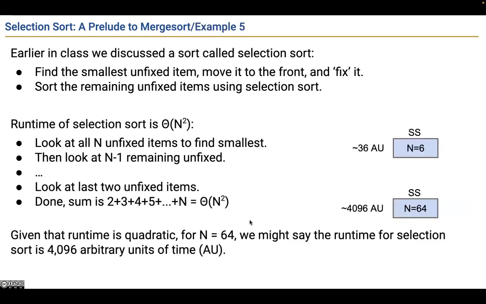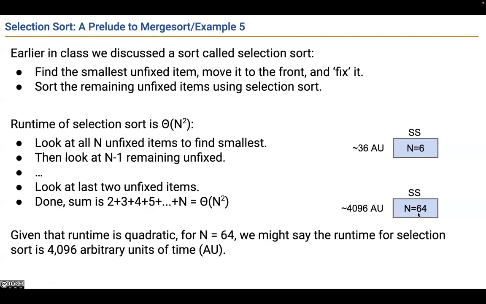Okay, so here I'm going to introduce something that's a little bit vague, but hopefully helps our intuition. If I say that this runtime is theta of n squared, then I could roughly say, it's not an exact count, that if I had an input size of 64, then the rough runtime is 4,096 arbitrary units of time.